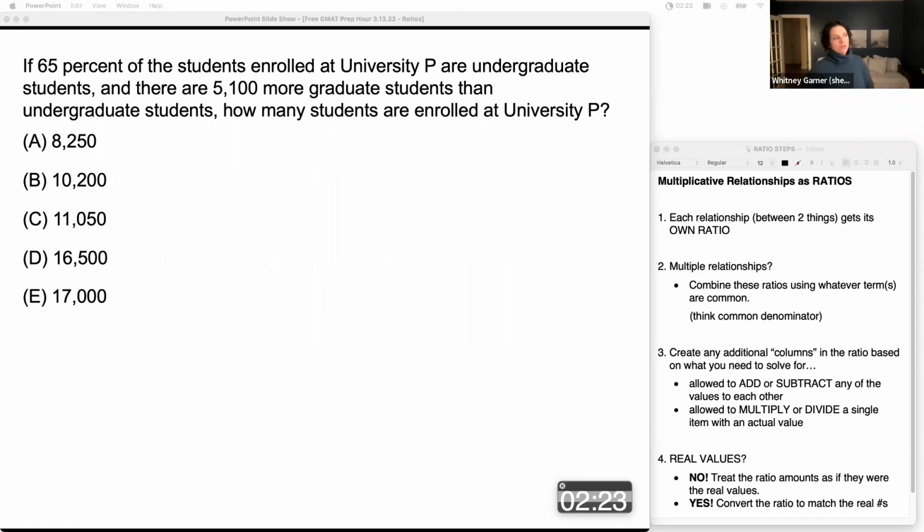Would you believe me if I told you this is just like all the other ones? Maybe. What was it about this one that made it trickier? Because at this point, I've gotten one answer. So what is it about this one that's making it trickier?